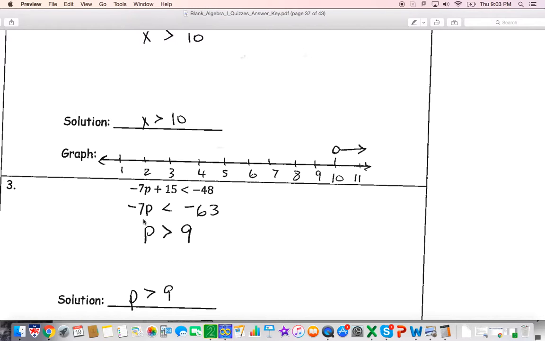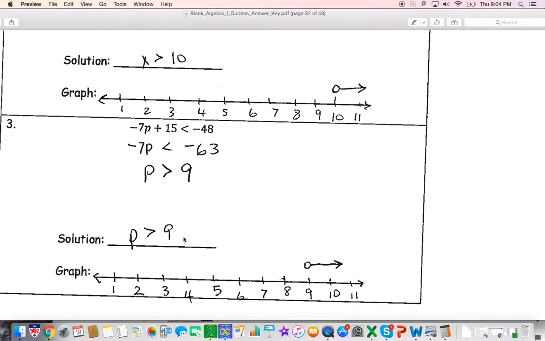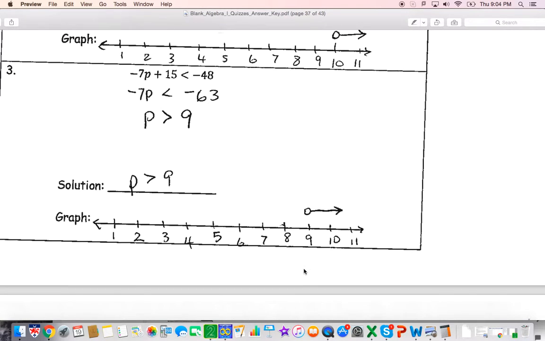So when we divide by negative 7, we get positive 9, but the sign changes direction, and that is key. That is super important to remember. Otherwise, your whole inequality is entirely wrong. It's the opposite of right if you forget to do that. So p is greater than 9, and coincidentally, the arrow is still going that way because p is greater than 9. And because it cannot be equal to 9, we have an open dot again.